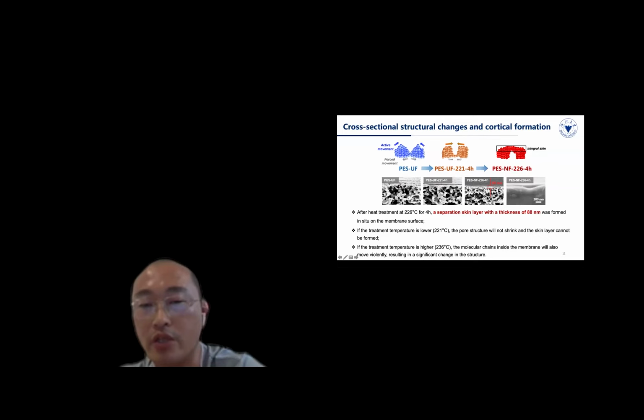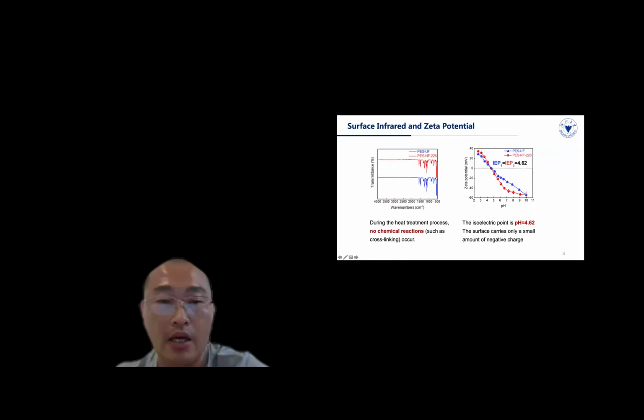The membrane bulk still has a very porous structure, and the surface has a very thin separation layer. This kind of membrane is similar to TFC types, different from conventional asymmetric membranes. We also used FTIR and zeta potential to check the membrane's chemical structure. After the thermal treatment, the chemical structure shows no change.